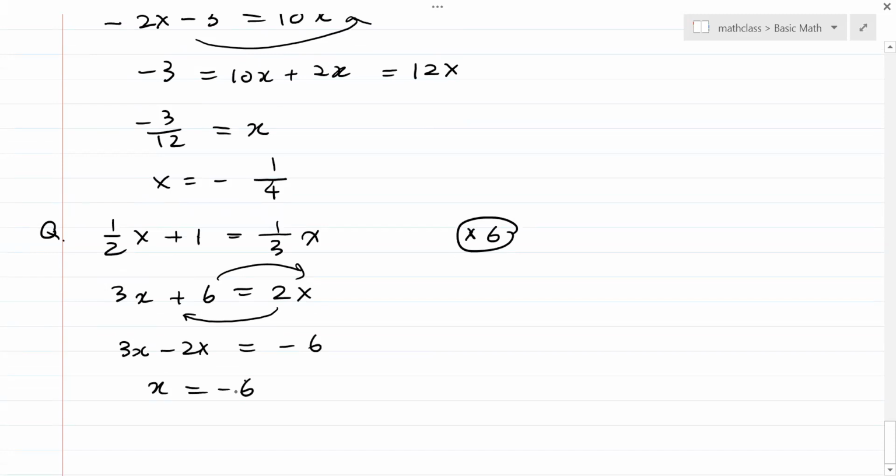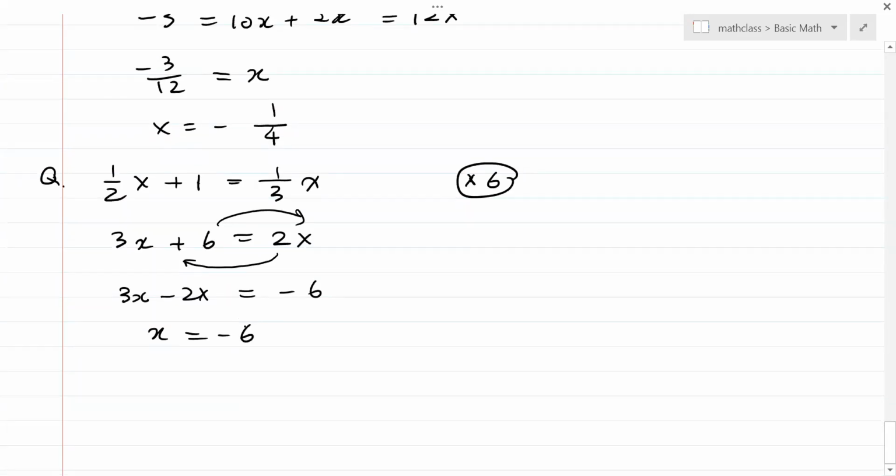You see, you have to change the sign both for 2x and for 6. That's again negative 6. Now, I think somebody got 6 over 5 because you did not change the sign at all. Yeah. So negative 6 is the correct answer.